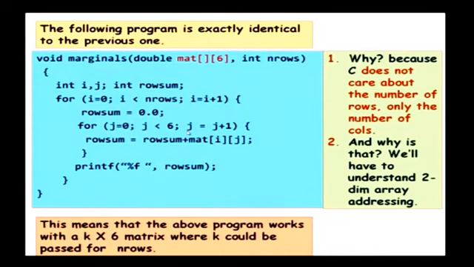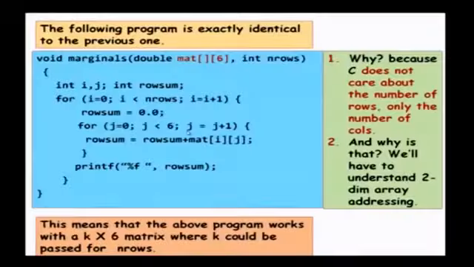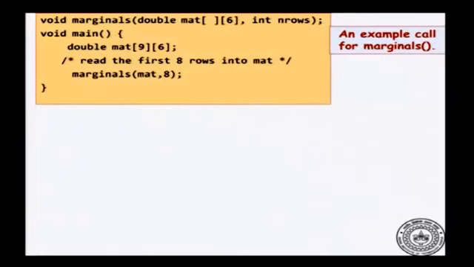Okay, why is it that it cares about one element but not the other, the number of columns but not the number of rows? We will see this using the 2-dimensional array addressing. Let us say that I have written a code for computing marginals, and it takes these parameters double, mat, empty pair. So, the number of rows is unspecified, the number of columns is 6, and then it takes an additional parameter n rows, which says how many rows I should add, right.